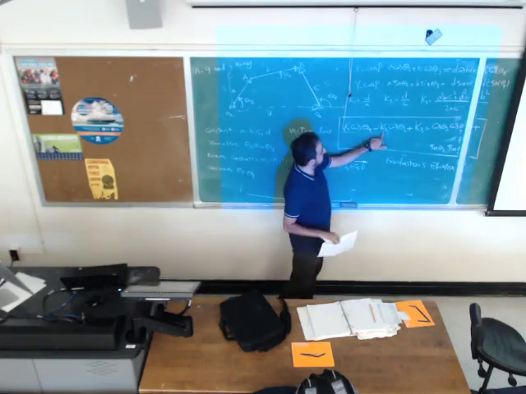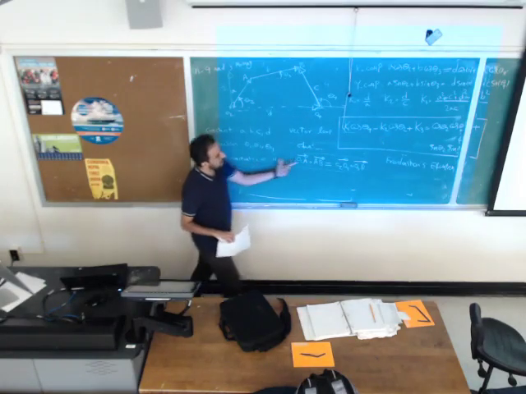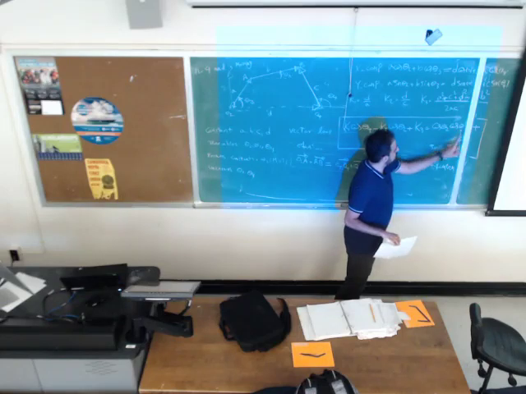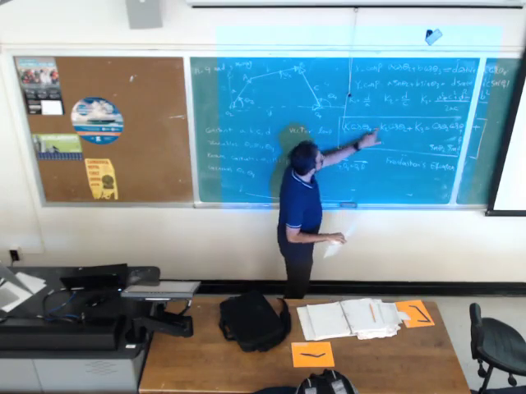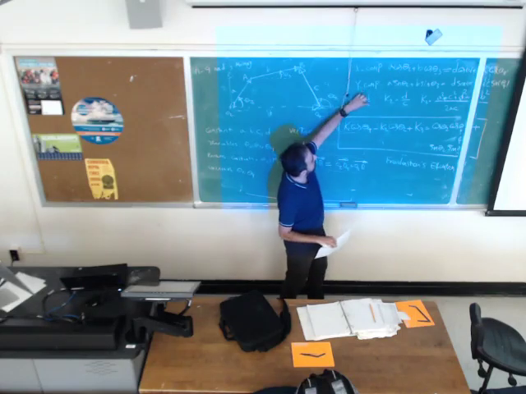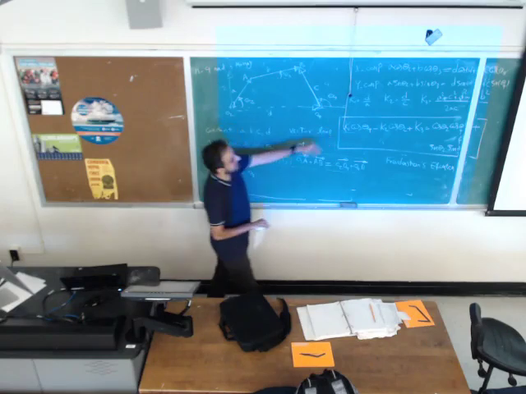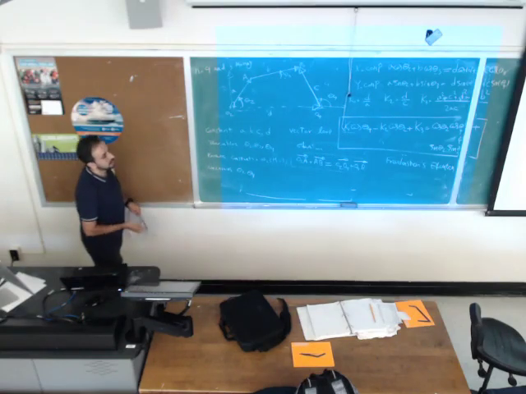Theta 2 is known, it should be given. And K1, K2, K3, all three are known because they are functions of A, B, C, and D. So the only variable here is theta 4.